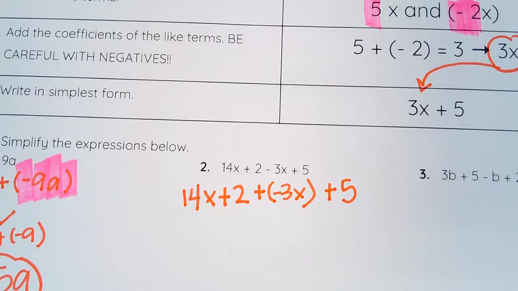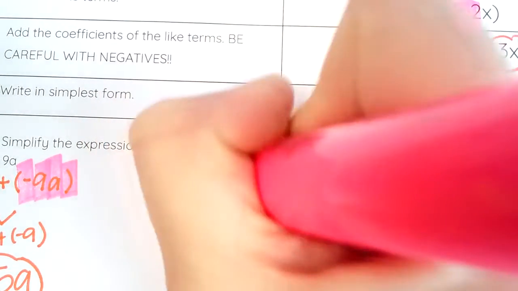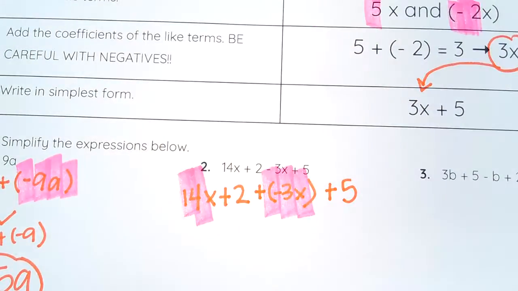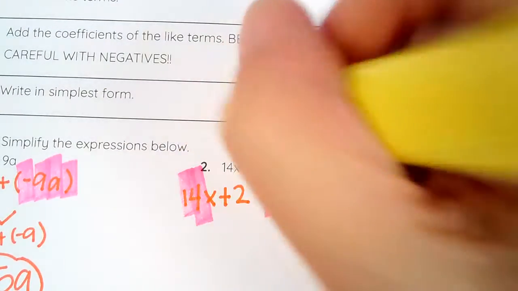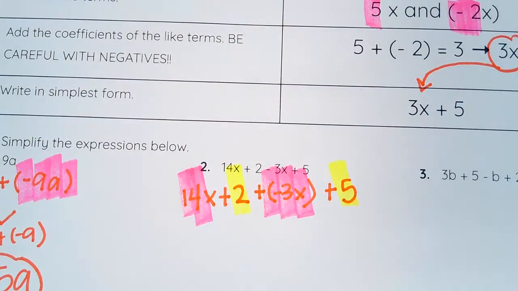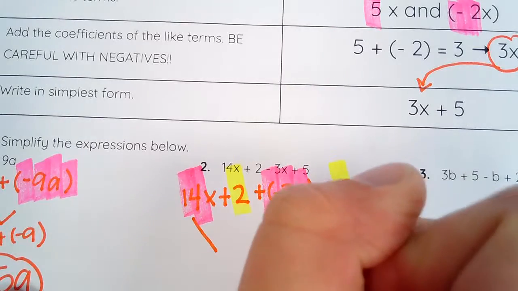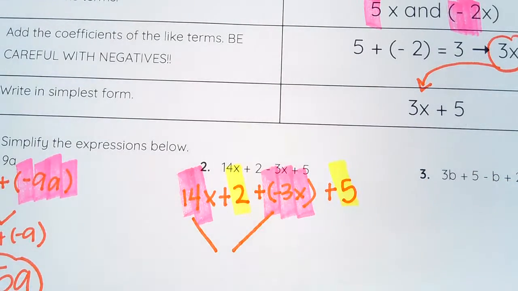Which terms are alike here? Well, these both have x's. And we also have 2 constants. So I would take my 14x plus my negative 3x.